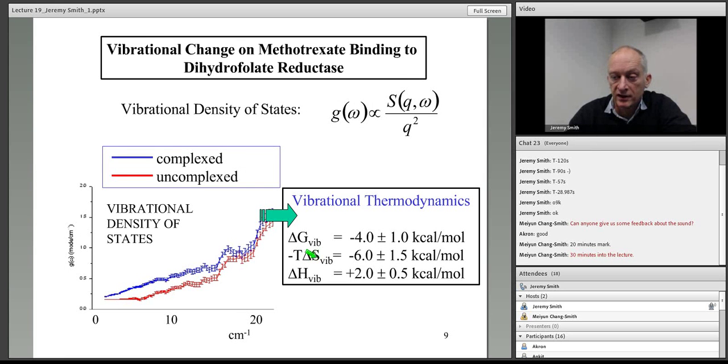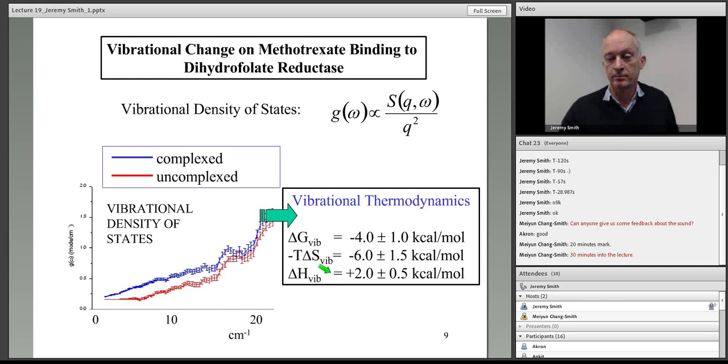That was done here. We find a 4 kilocalorie per mole contribution to the binding from the vibrations. This favors binding of the ligand. And it's entropy driven. If you remember, I said if you shift to low frequencies, the entropy goes up.